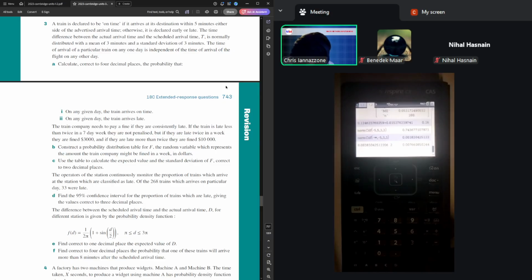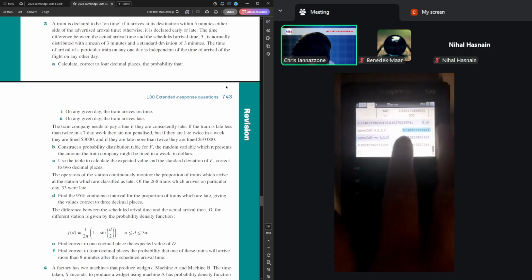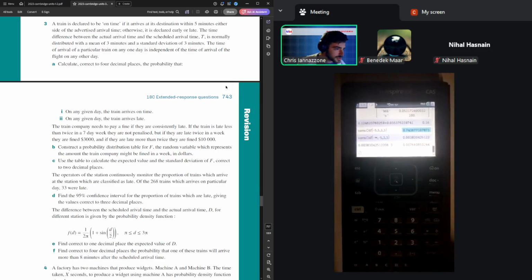What happened there? Because it should just be 1 minus this. If that's the probability of being on time, the probability of being late should be 1 minus on time. What did I do differently there? Because late should be on the outside of that.